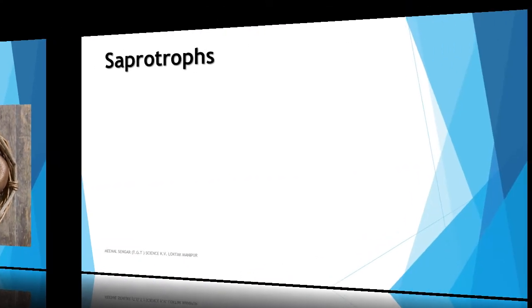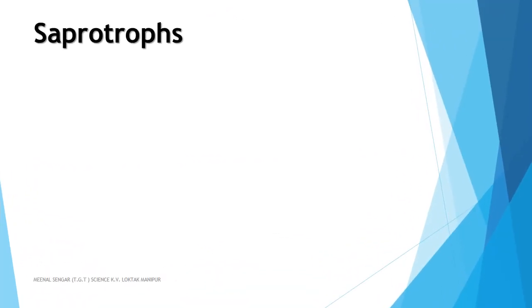So these plants which we have seen, like mushroom and the bread with green patches, are known as saprotrophs. Saprotrophs means they do not have the ability to make their own food, but they can consume their food from dead and decaying matter and animals.